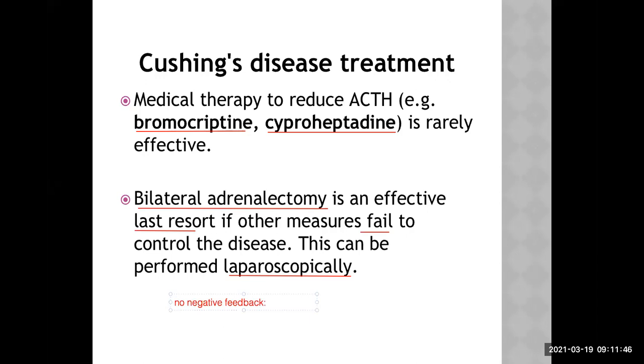Because of this, the cells in the anterior pituitary gland which secrete ACTH, what is the name of those cells? Corticotroph. They are called corticotroph. Those corticotroph cells will increase in size, and they form a tumor.